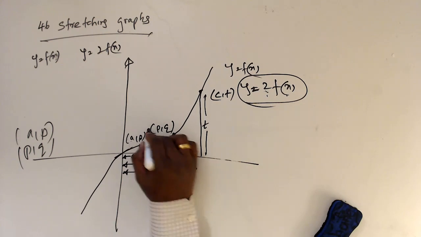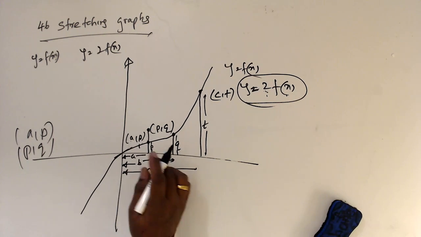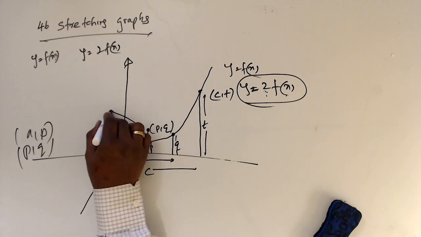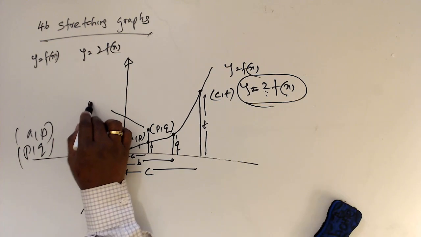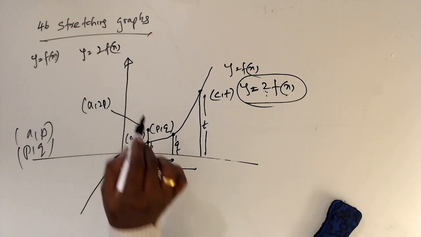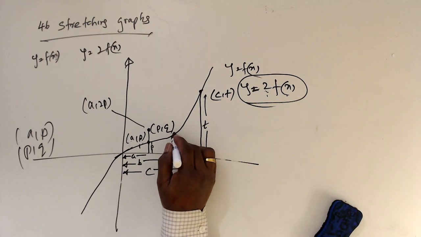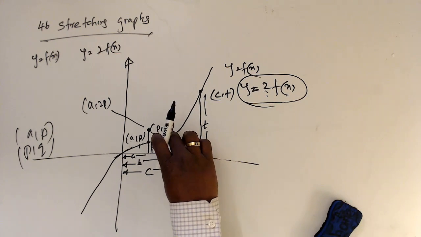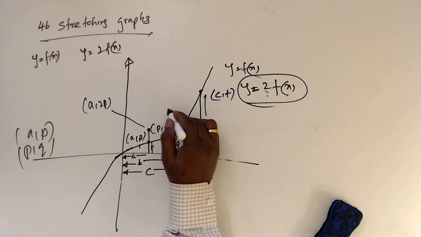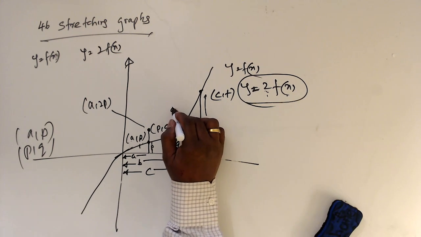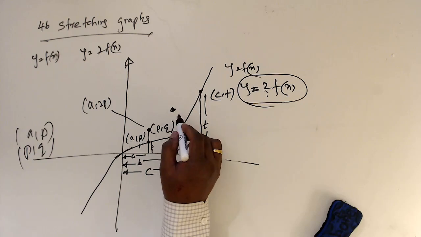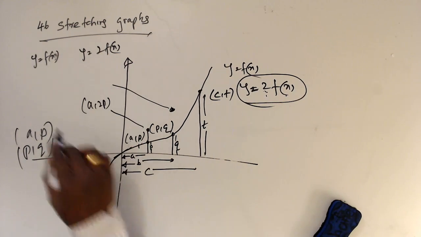So it is going here. So this point is now (a, 2p). Now I'll take this point and I'll double it.